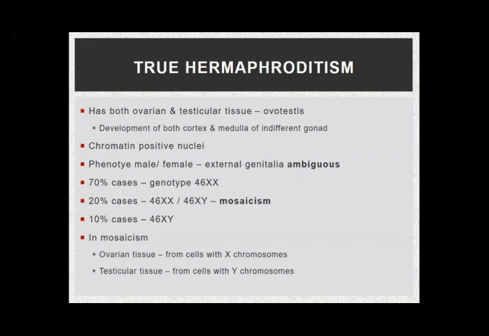Just a quick recap, if you remember correctly, I told you that in an undifferentiated gonad, early undifferentiated stage जो होती है of development of gonad, उसमें if the cortex develops and the medulla regresses, the gonad will develop into an ovary.